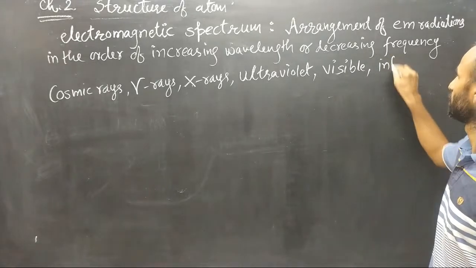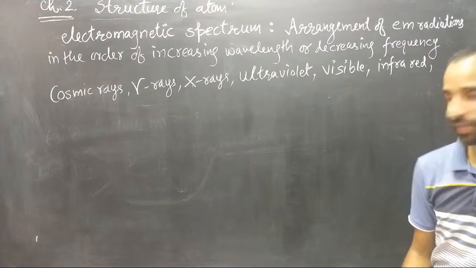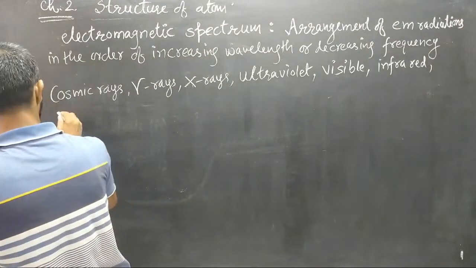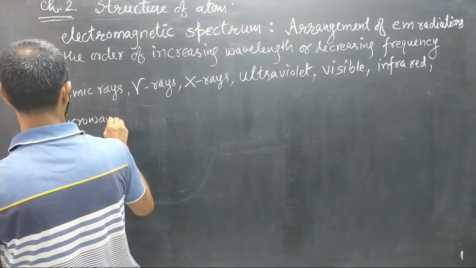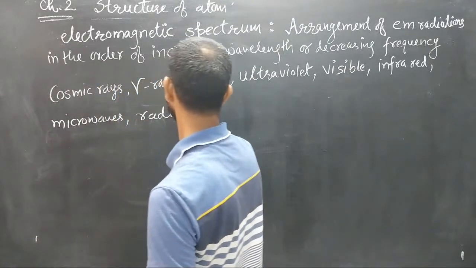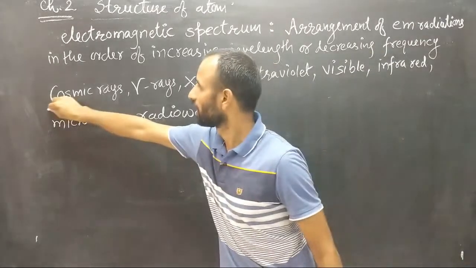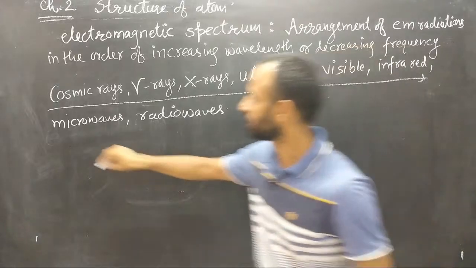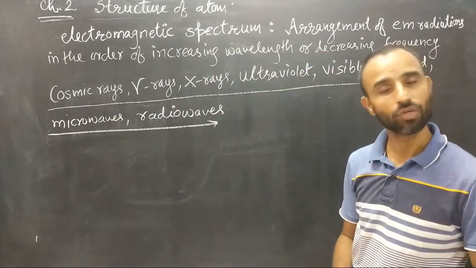then infrared, then microwaves, and the last one is radio waves. So these are electromagnetic radiations in the order of increasing wavelengths and decreasing frequency.